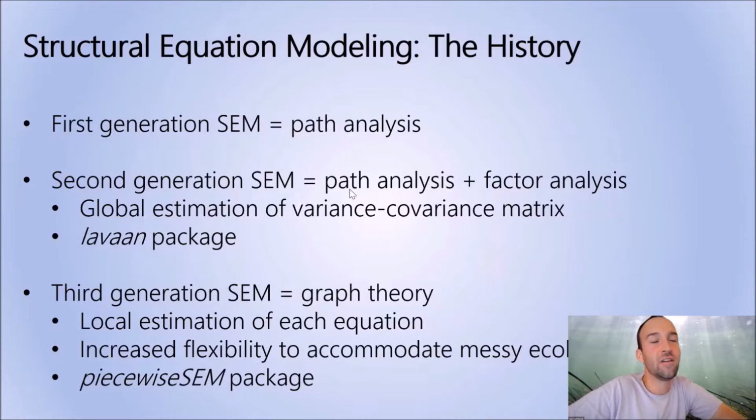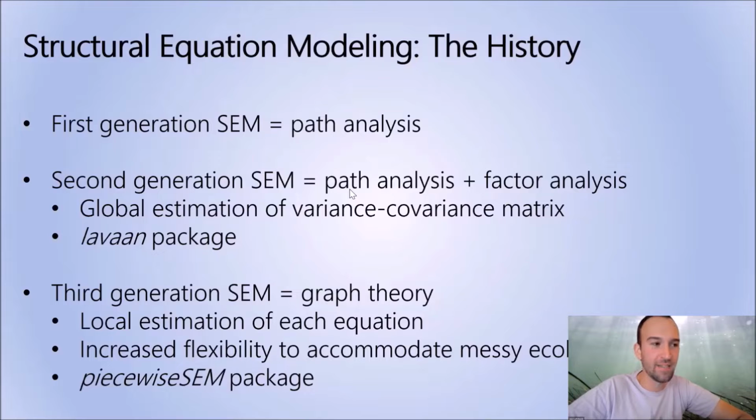These are variables for which we can measure indicators, but we might not be able to measure directly. So the classic example is, say, intelligence. We have an intuitive understanding of what it means to be intelligent, and we can measure indicators of intelligence.